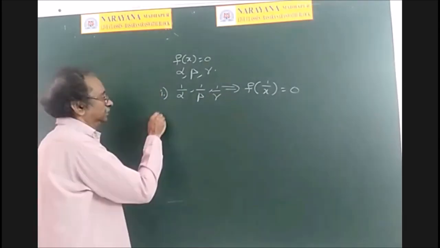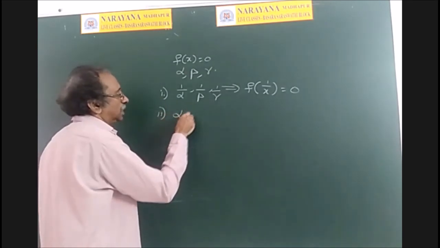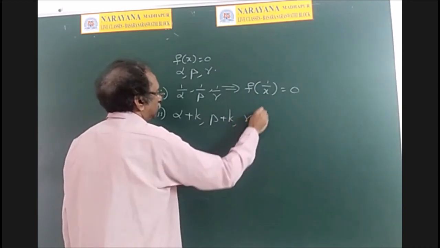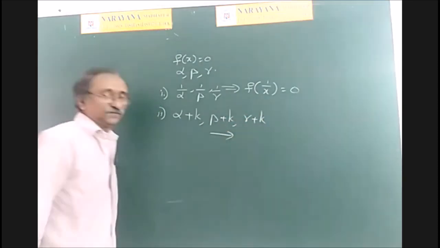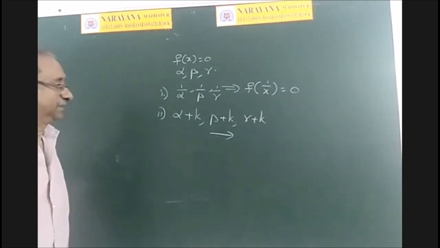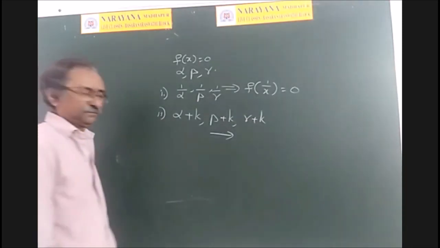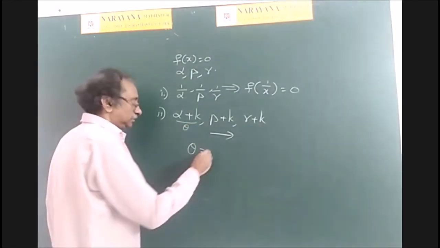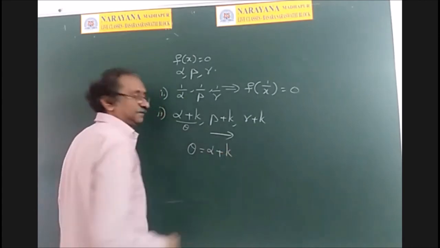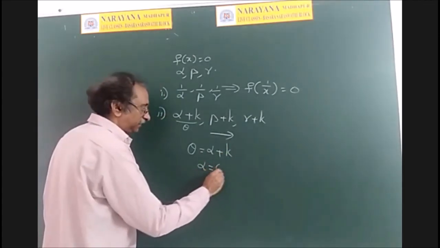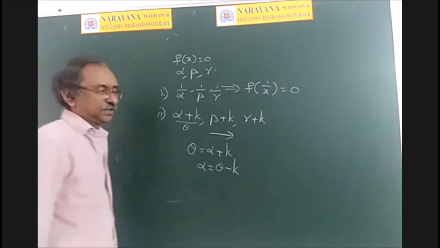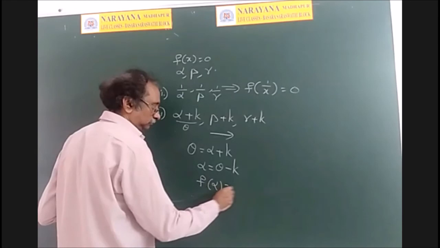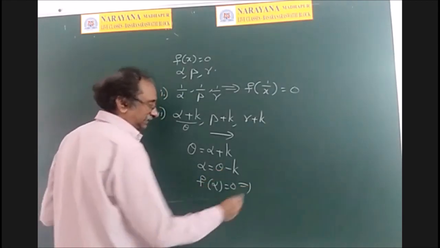Similarly, suppose the roots are alpha plus k, beta plus k, gamma plus k. I have to find the equation whose roots are alpha plus k, beta plus k, gamma plus k. Suppose that root is theta. Theta is equal to alpha plus k, and alpha is equal to theta minus k. Now alpha is the root of the original equation, that is f of alpha is equal to 0. But alpha is nothing but theta minus k.